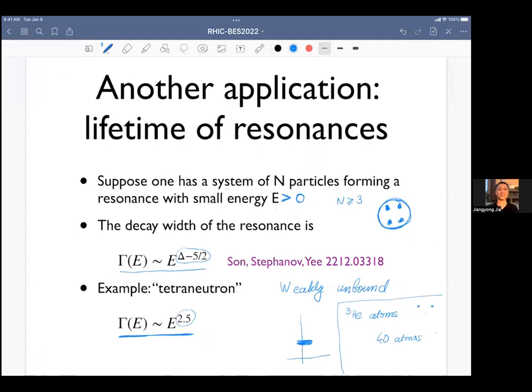I wonder if this actually describes that. It's hard to fit one point to a curve. Basically, they say they observe some object with a certain energy and a certain width. I forget what it is, maybe 2 MeV.